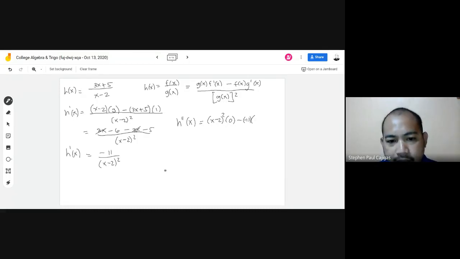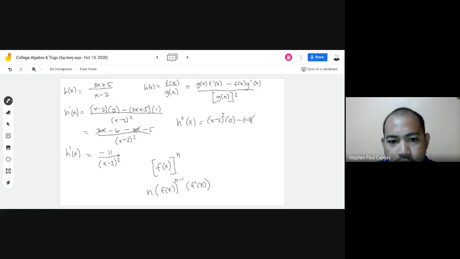Again, if we have f of x to a certain power n, its derivative is n times f of x with the exponent reduced by 1, then multiply by the derivative of the inside, f prime of x.